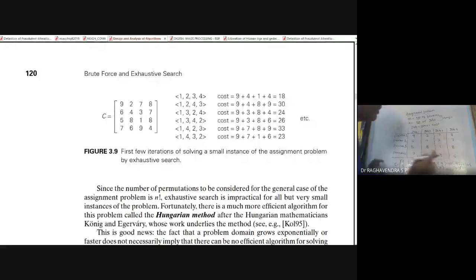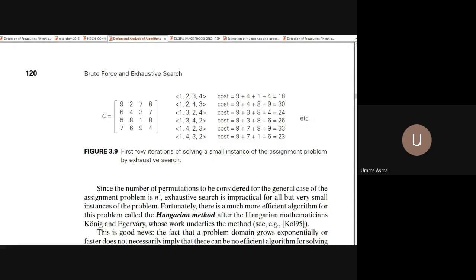So can you give me the values for this cost? What about 1, 2, 3, 4? What is the cost? How much for this value? 18.